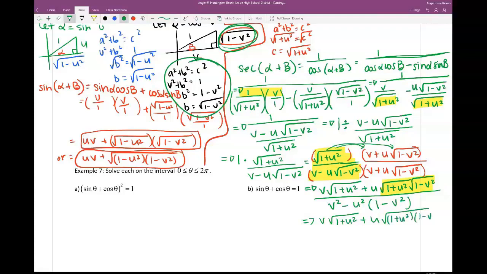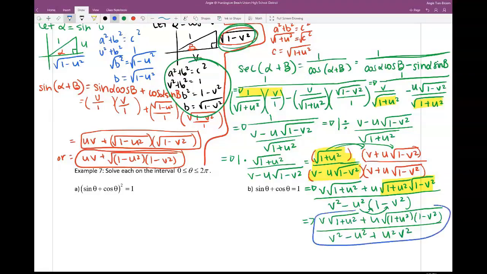Either way, they are the same. All over, on the bottom, v squared, I'm just going to distribute this, minus u squared times negative v squared, which is positive u squared v squared. Well, not much you can do, so guess what? That is my final answer.